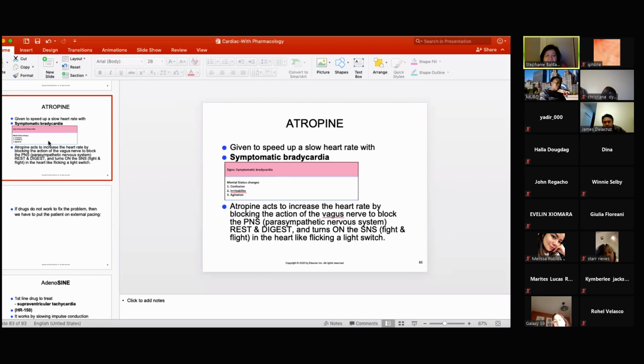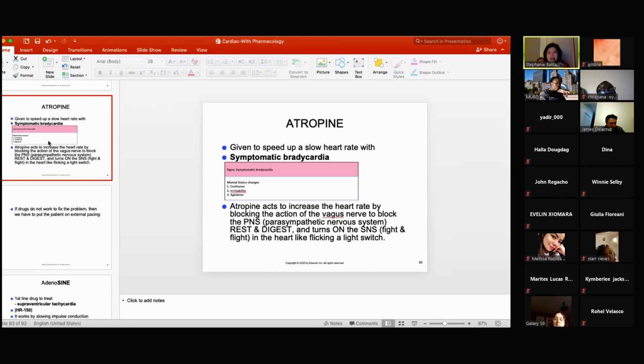So atropine is sometimes given if the heart rate is 38. Atropine increases the heart rate by blocking the action of the vagus nerve, which is to slow down the heart rate.